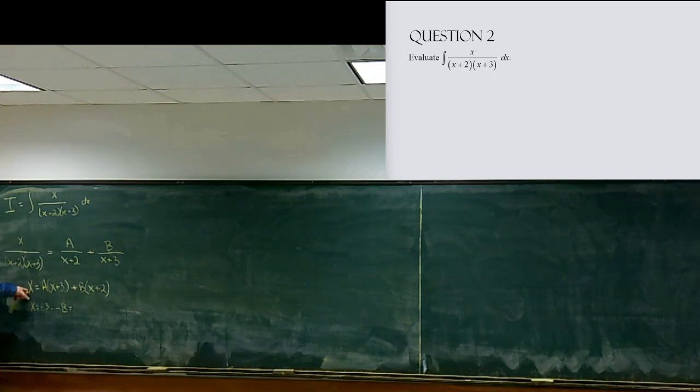Negative B equals -3. And so let's just get rid of those negatives. B is 3. We now plug in x equals -2. B goes to 0, or what you're multiplying B by goes to 0. -2 plus 3 is 1. So A has to be -2.